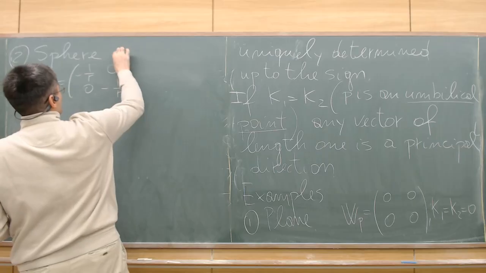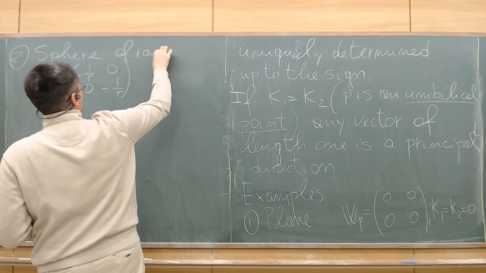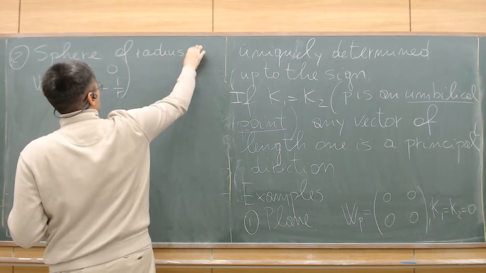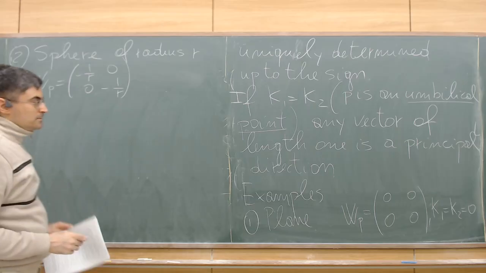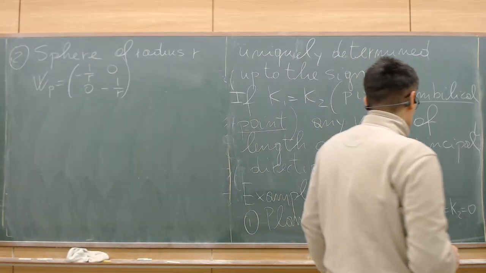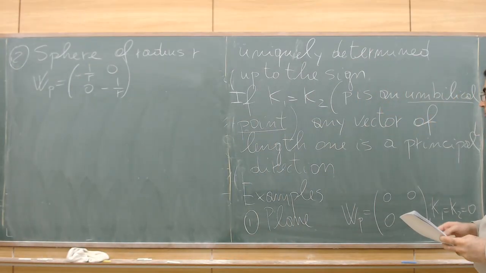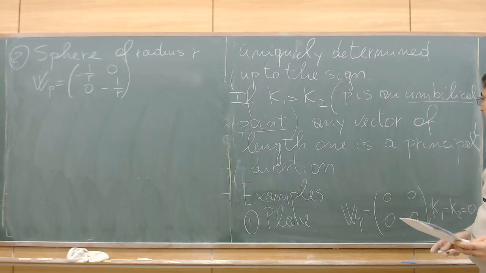Of course, we are considering a sphere of radius R. So also in this case, any point is an umbilical point, and any vector of length 1 is a principal direction.